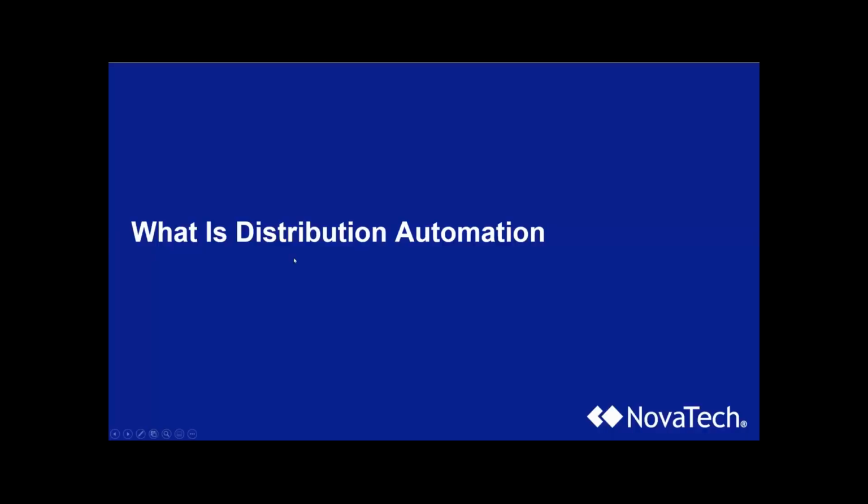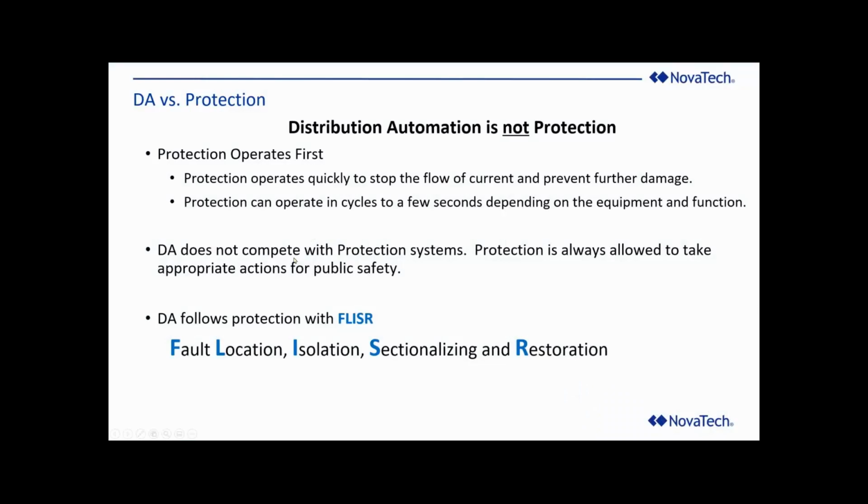Okay, what is DA? To start with, distribution automation is not protection. There's been some confusion over the years of what protection does, what DA does, and are they going to fight each other? No, that does not happen. Distribution automation follows protection. Protection operates first.